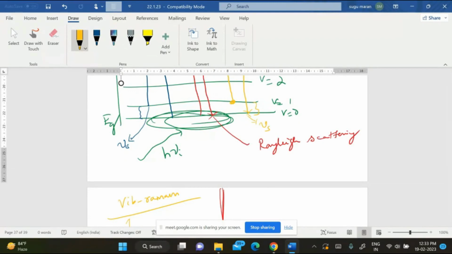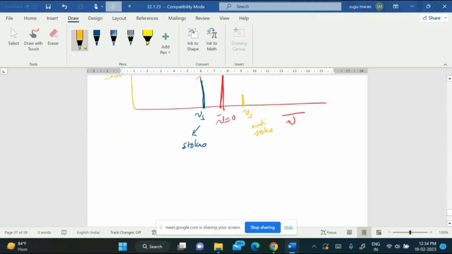For Stokes, the scattered radiation will have lesser energy than the incident radiation. Whereas for the anti-Stokes line, the scattered energy actually increases. How does it increase? It takes up the energy from the molecule.